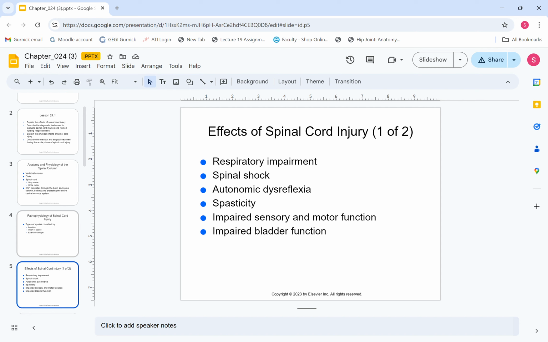So if the blood pressure and the tachycardia aren't dealt with, it could cause a lot of serious problems like heart failure. It puts you at risk for strokes, maybe even blood clots and things. So we don't want to trigger this autonomic dysreflexia.